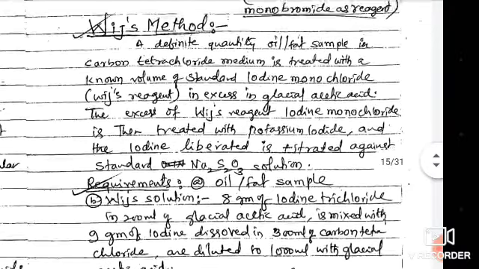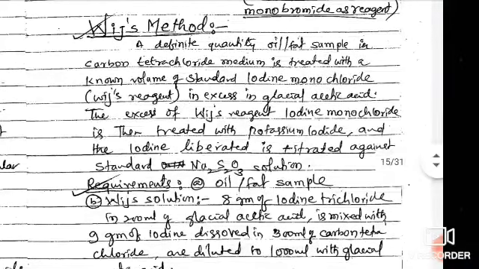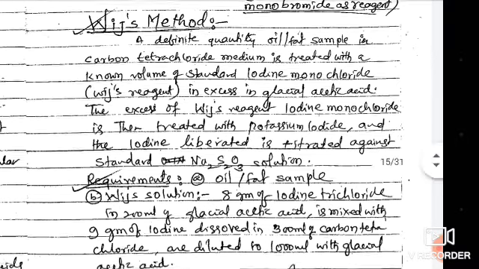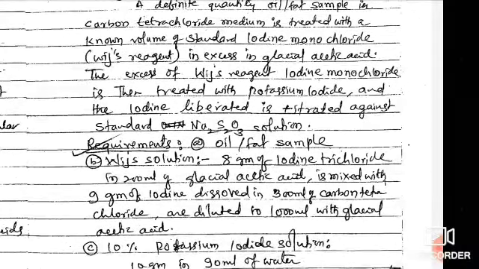It is a simple titration, in which a definite quantity of oil or fat sample in carbon tetrachloride medium is treated with a known volume of the standard iodine monochloride reagent in excess in glacial acetic acid. Then the excess iodine monochloride is treated with potassium iodide, and the iodine liberated is titrated against the standard sodium thiosulfate solution.